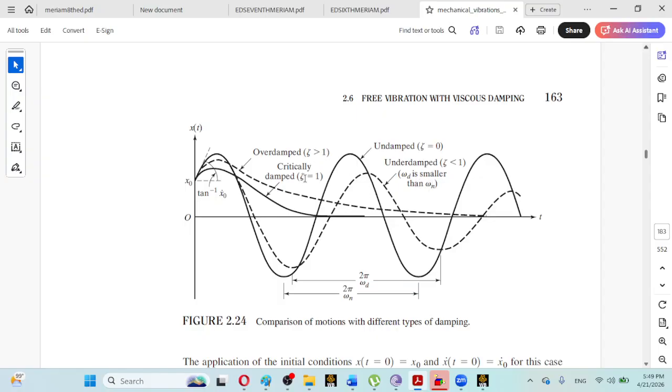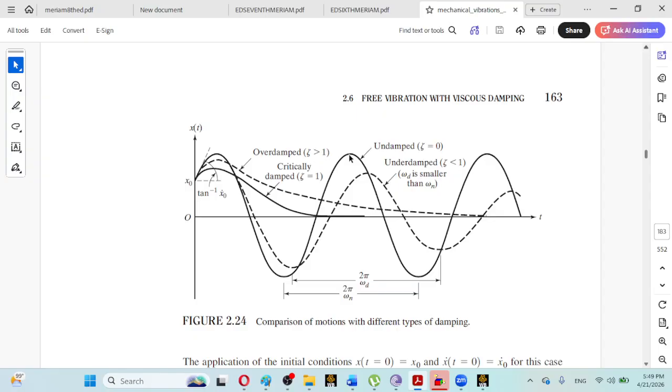We can observe that the natural oscillations are closer together, meaning their frequency is greater, and the wavelength is smaller.